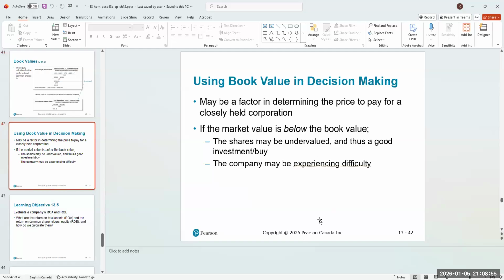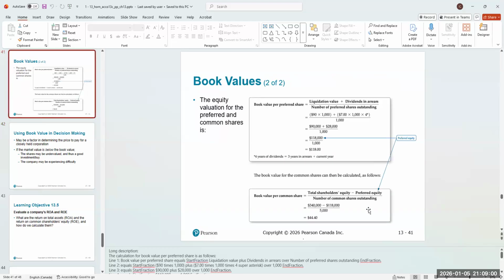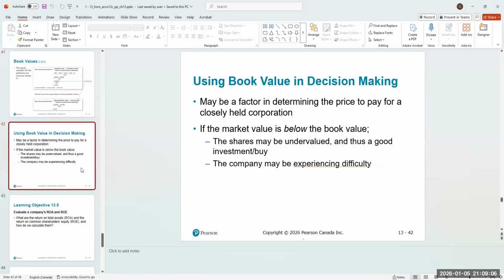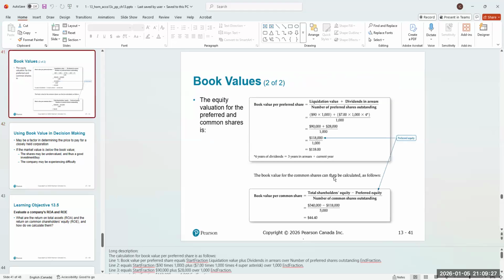Now, we can use the book value for decision making. Once you come up with the book value, 44.40, you compare the book value with the market value. If the market value is below the book value, that's where you want to buy shares. Do you understand this? Because you're going to pay less than what you're potentially going to get. In this company, if they're liquidating everything, you're going to get $44.4 per share.